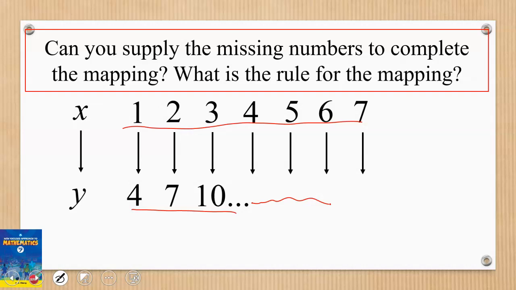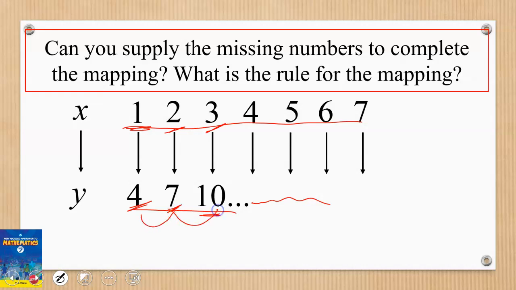Now we can do this by inspection and then provide some kind of symbols to represent it. So let's see: 1 relates to 4, 2 relates to 7, 3 relates to 10. Now look at the Y values. From 4 I go to 7.